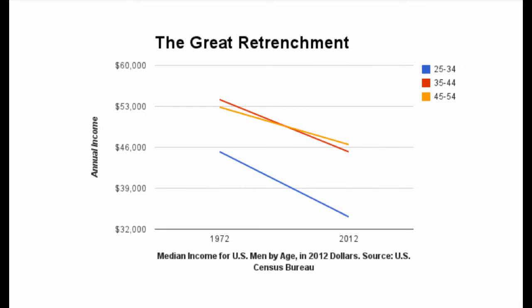This author took information on earnings in the U.S. from the U.S. Census and the Bureau of Labor Statistics and the American Community Survey, which are all regularly done analyses. It compared 1972 to 2012, and then split the median annual income by 3 different age groups, and demonstrated that there is a sharp decline.